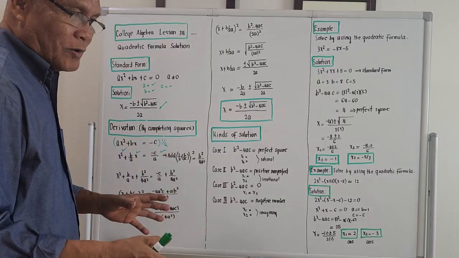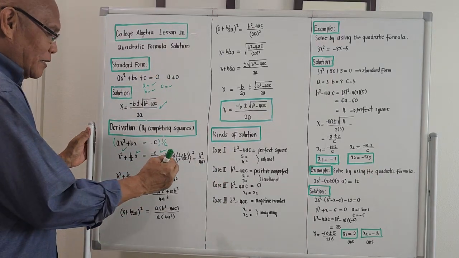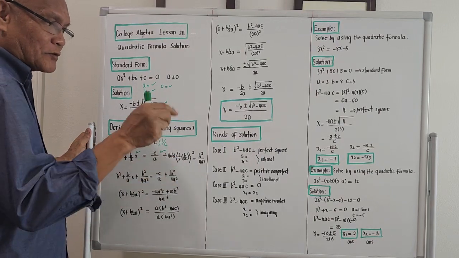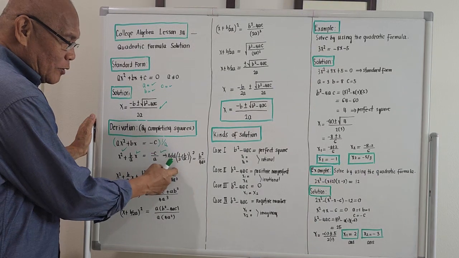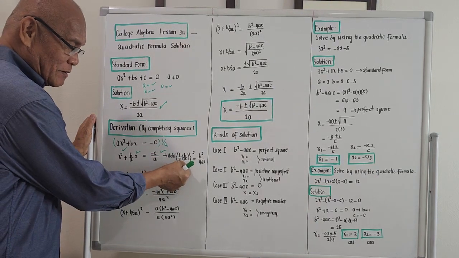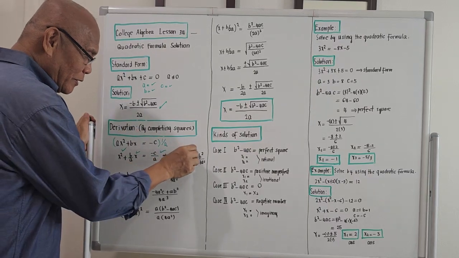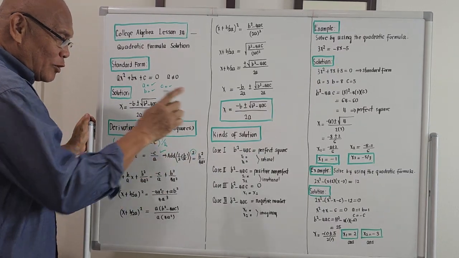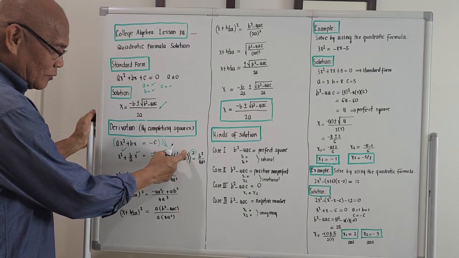And the rule from our previous discussion, for the left-hand side to become a perfect trinomial, we will take 1/2 of the coefficient of x. Then we square that one, we raise it to the second power. The coefficient of x is actually b over a. So this should be b over a.